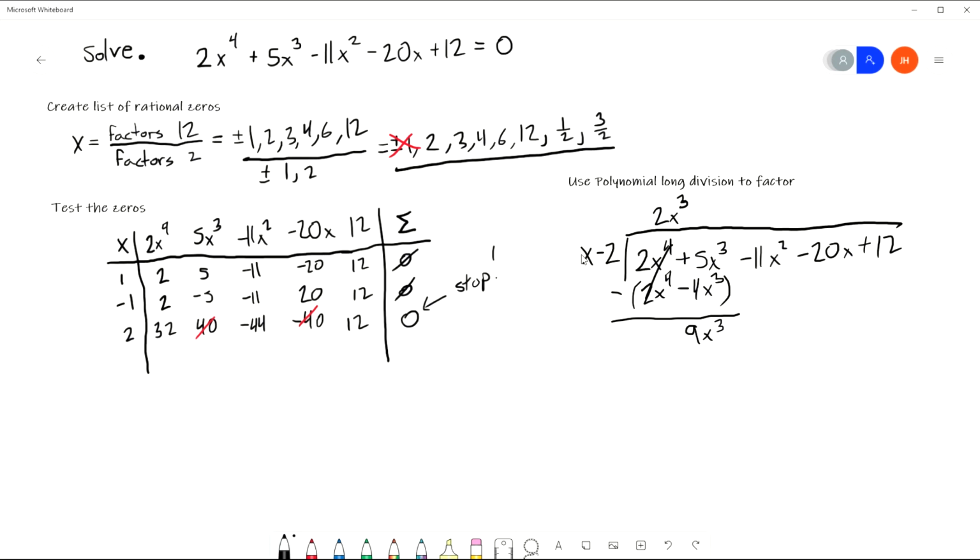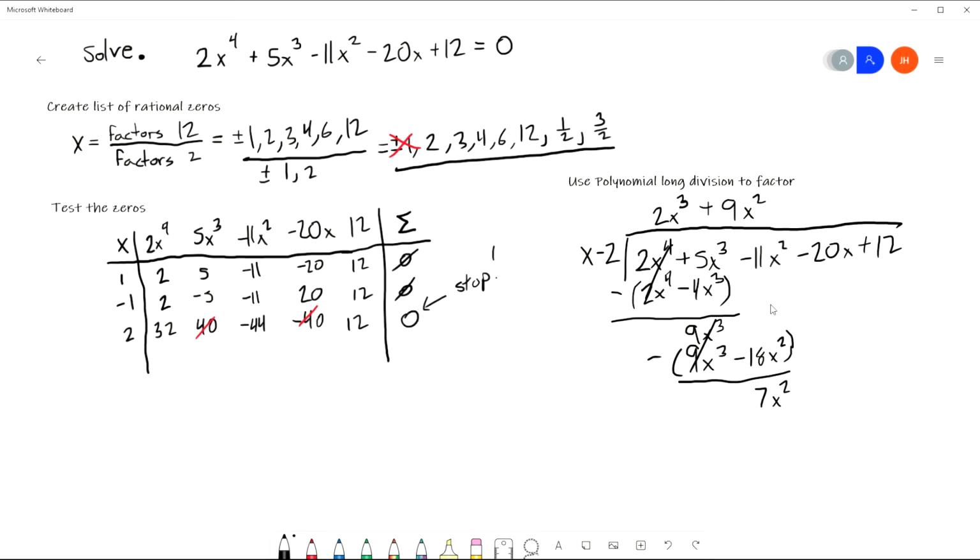All right, what do we need to multiply to get 9x cubed? 9x squared. 9x squared times x is 9x cubed. 9x squared times minus 2 is minus 18x squared. And we're going to subtract it. These guys will cancel. You'll notice that should happen every time if we're doing it correctly. Negative 11 plus 18 is going to be 7x squared.